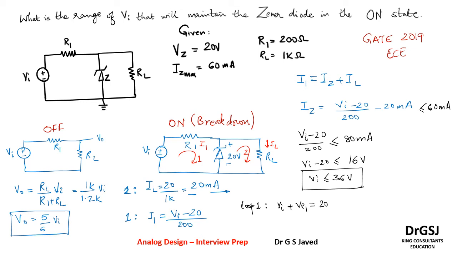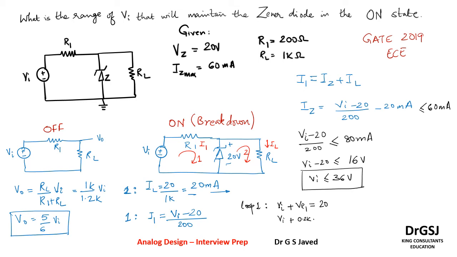This is the maximum across the Zener. Vr is 0.2 kilo ohm times the current flowing through R1, I1.